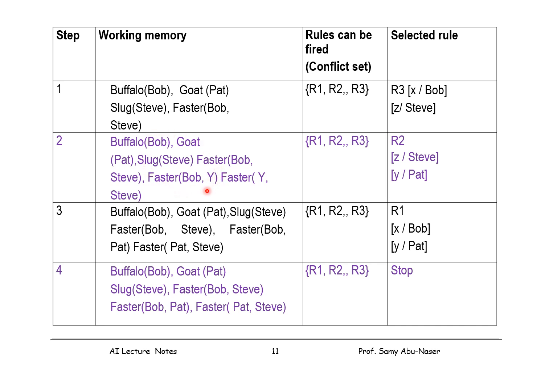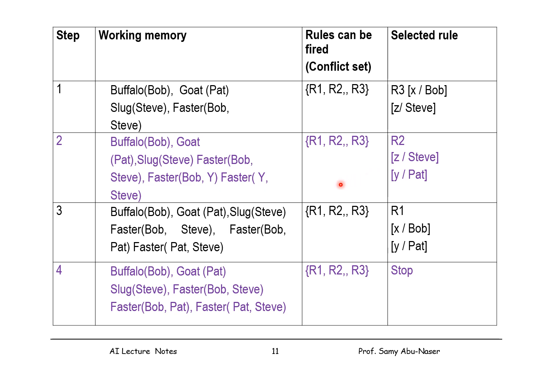We take these facts, test the right hand side of the three rules to see which one can be executed. All of them can be executed because all of them on the right hand side have Faster. So we executed R3 before, we take R2 now.